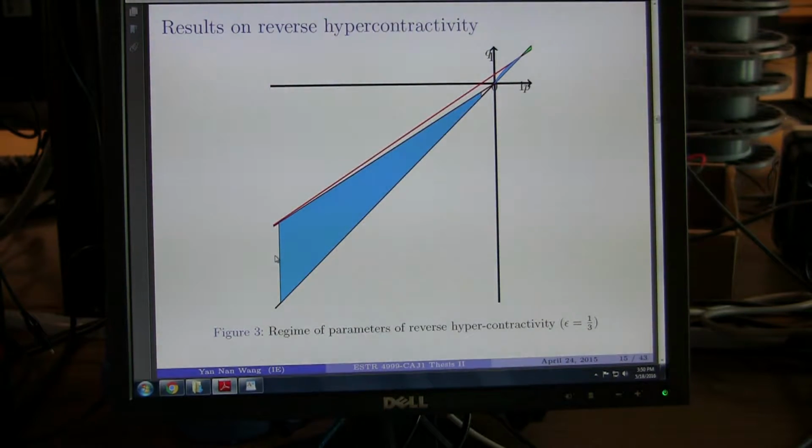Next graph is the reverse hypercontractive region for P less than 0. Here the blue one is the case when P is less than minus epsilon over 1 minus epsilon. And this part is unknown. We only know it is a subset of an inequality. But we know in this part the correlation bound is not tight.